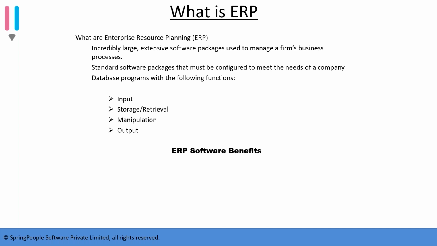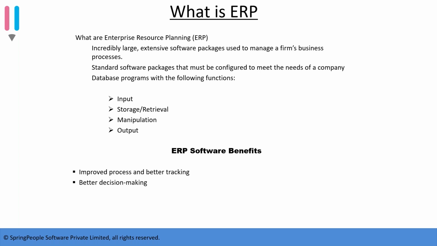And what are the benefits of ERP software? It provides you with improved processes and better tracking of all the activities within the company. With implementation of ERP, it improves the complete processes of all the areas, and you can have better tracking of the processes that are running in the company.